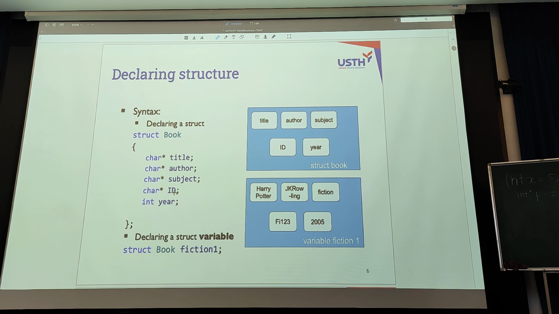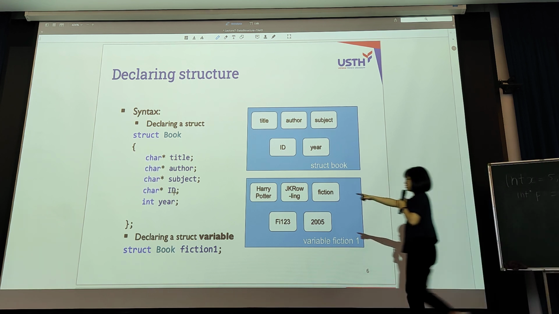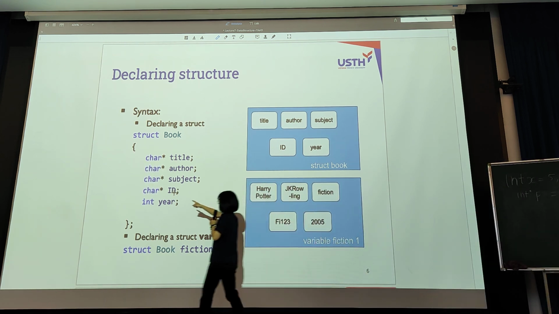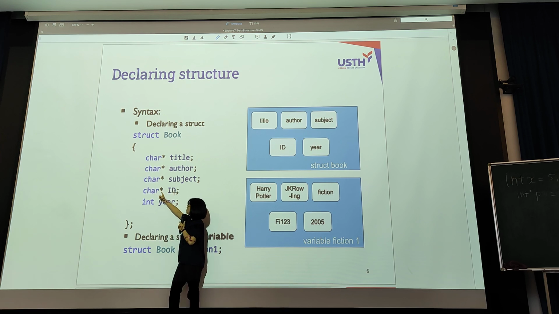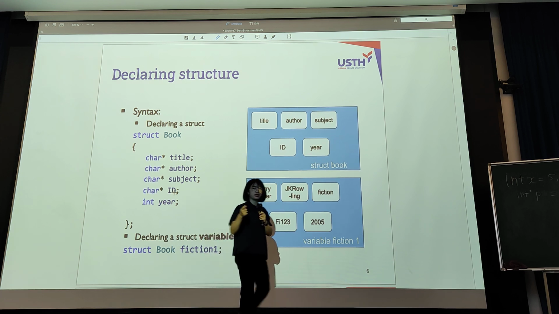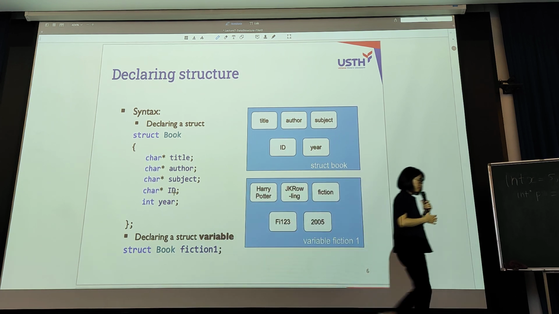Character with pointer to character, and actually after some time it is an array of character or string. Okay? A string. Pointer to character or an array of character or a string.